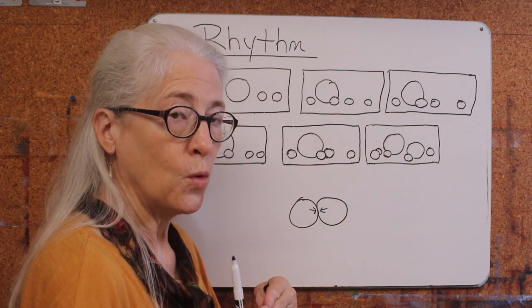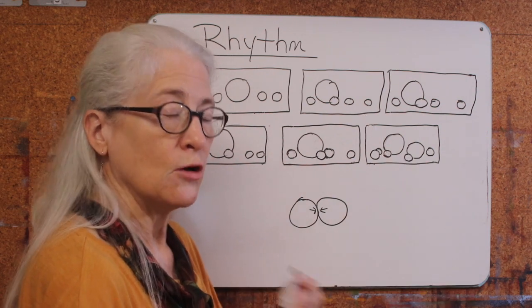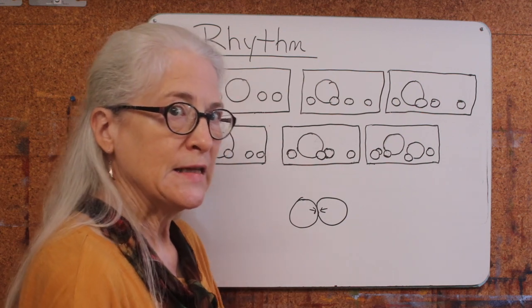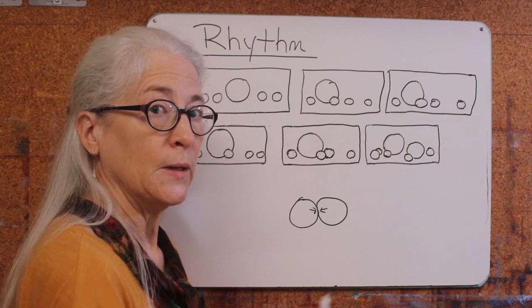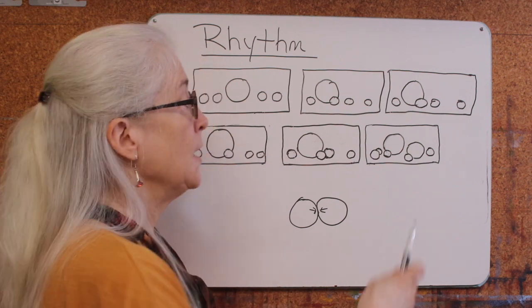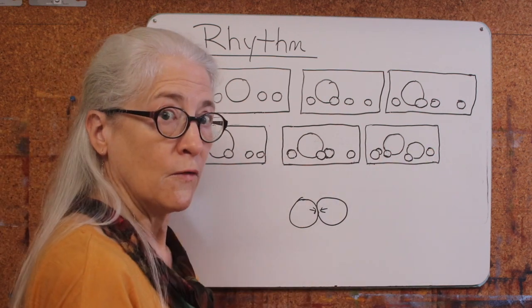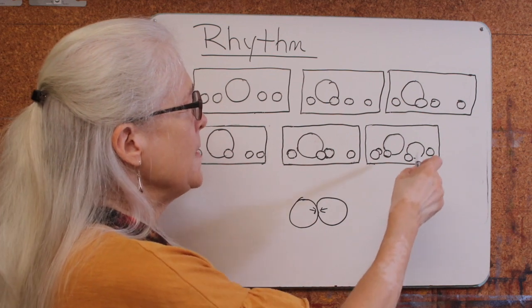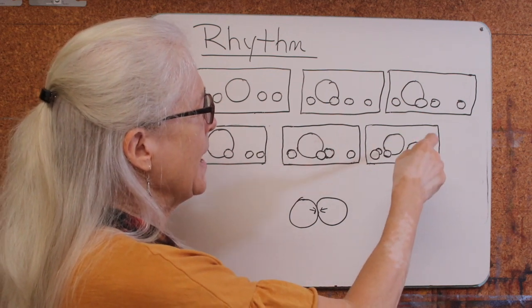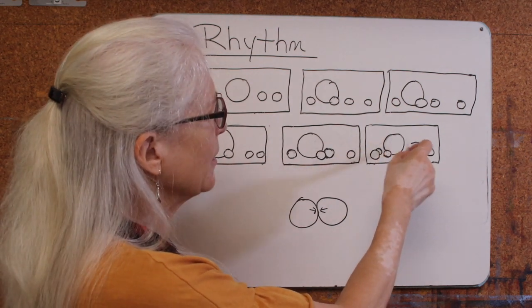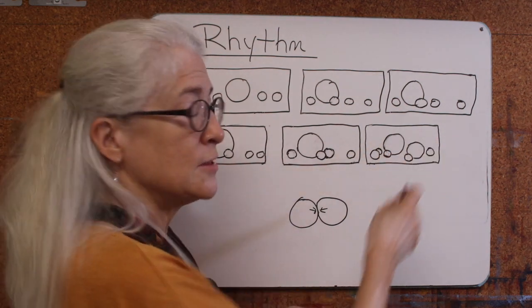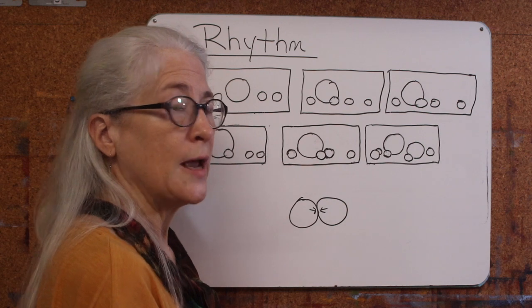Things that are coming forward in space, that are closer to you, tend to be heading towards the bottom. So this particular orange would be closer to you, and this one would be much further back. Now for me, right now, the center of interest tends to be here, but I do tend to bounce back and forth between those two shapes.